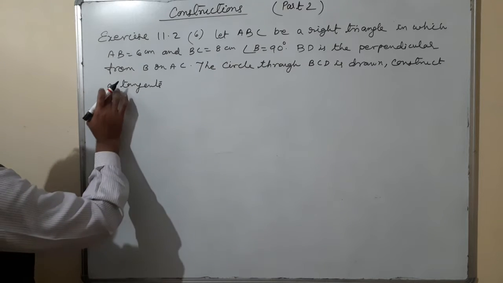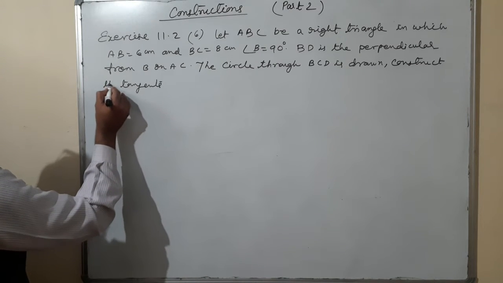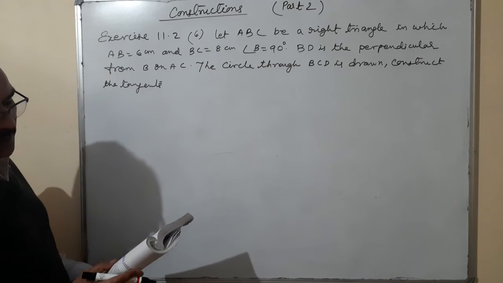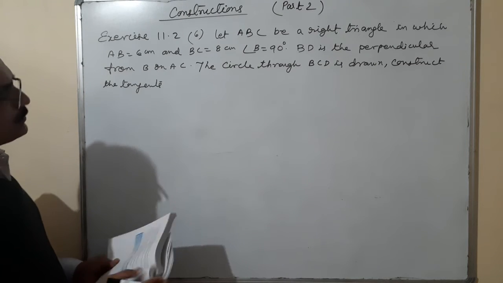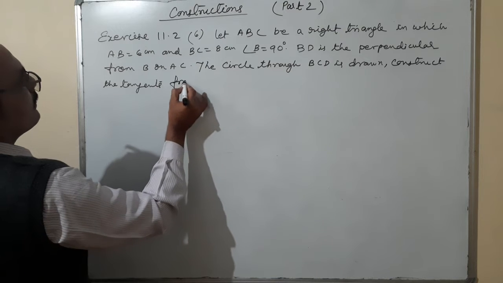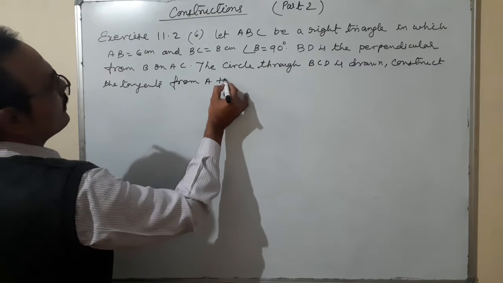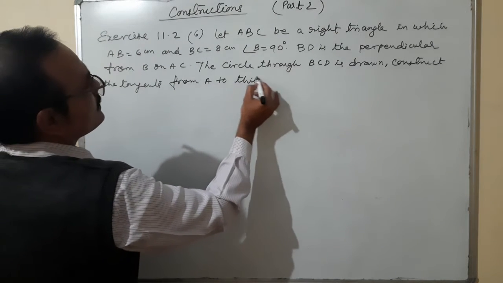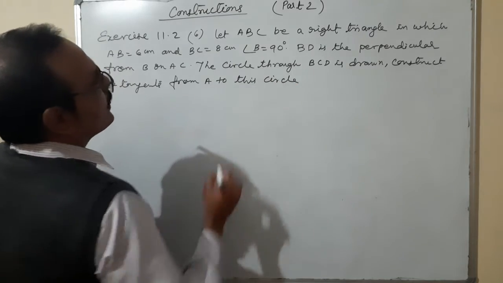Construct the tangents, not a tangent, because there are two tangents to be drawn. Construct the tangents from A to this circle. Okay.